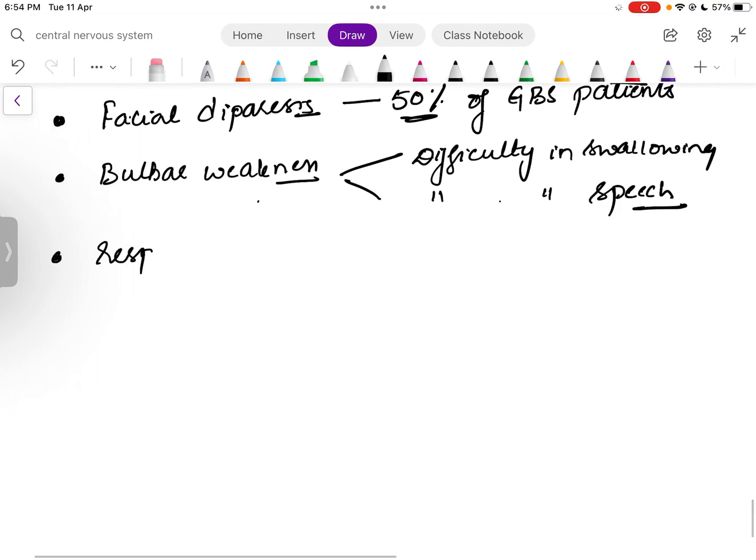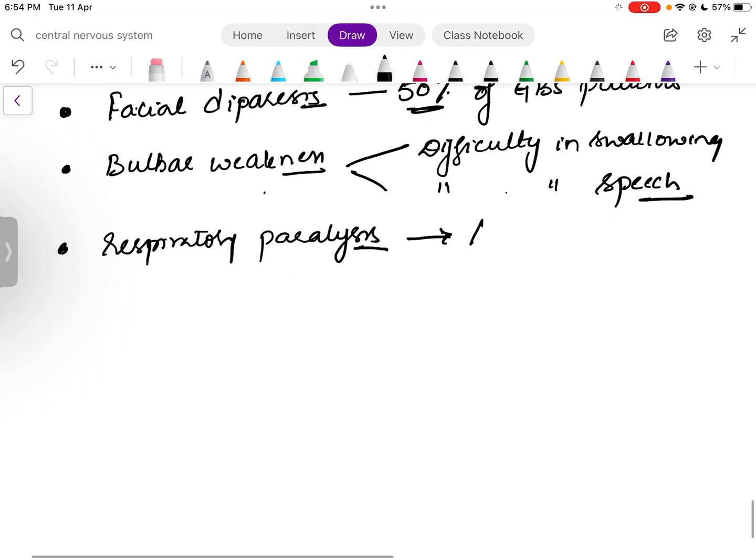We can see respiratory paralysis, and this respiratory paralysis will be life-threatening.